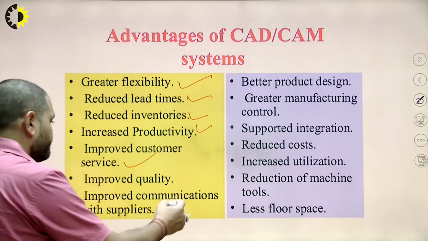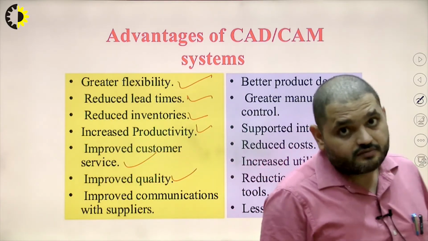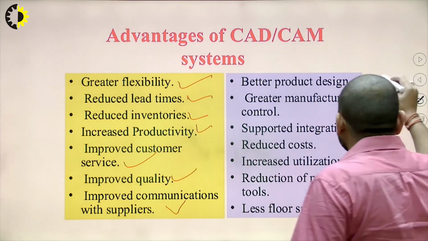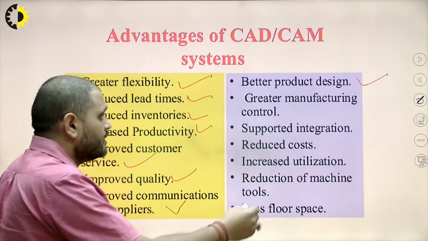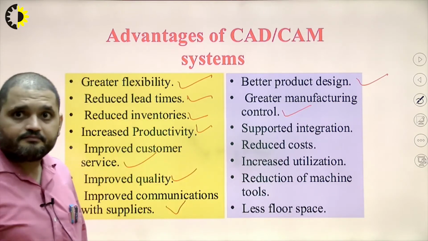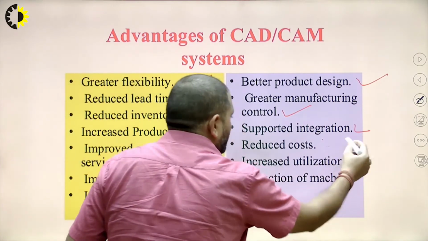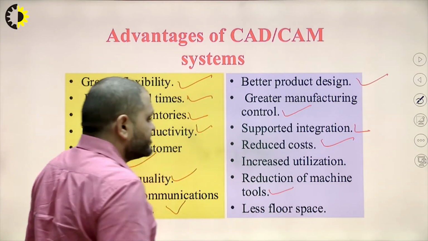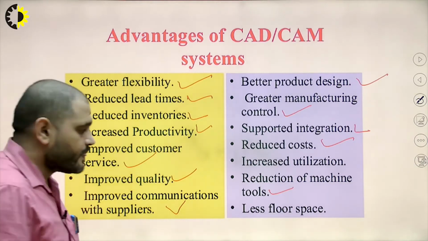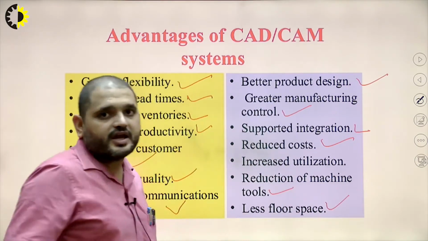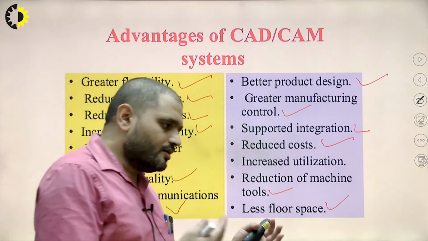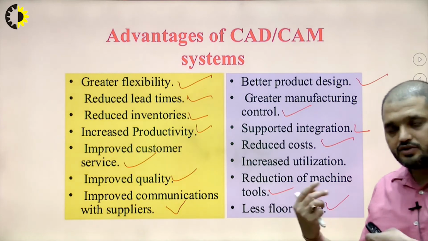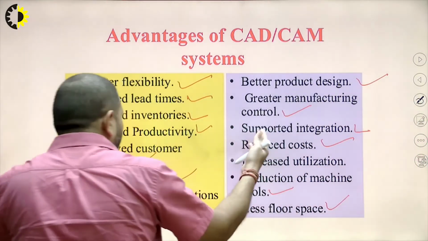Improved quality, improved communication with suppliers, better product design, greater manufacturing control, supported integration, reduced cost, increased utilization, reduction of machine tools, and less floor space. So these are the basic advantages of using a CAD/CAM system, or using computers in design and manufacturing.